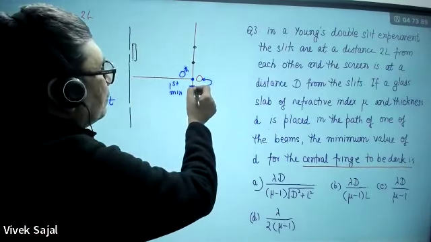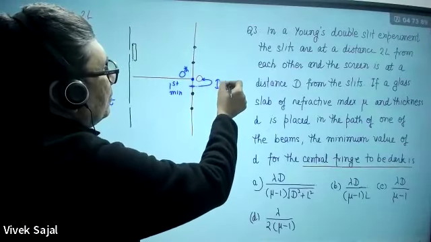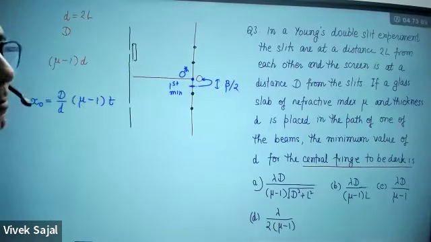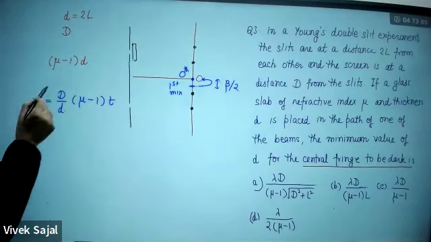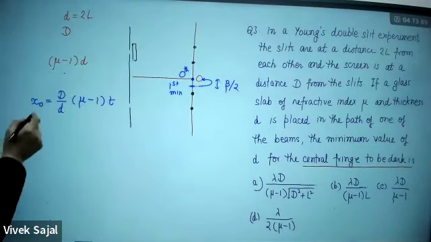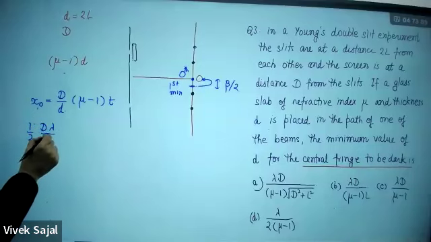This first minima and the central one, their separation is equal to beta by 2. This is beta by 2. So I will solve it within a minute; directly even you can solve. So this x naught will be beta by 2, so you can write 1 by 2 beta. Beta is D lambda by small d.